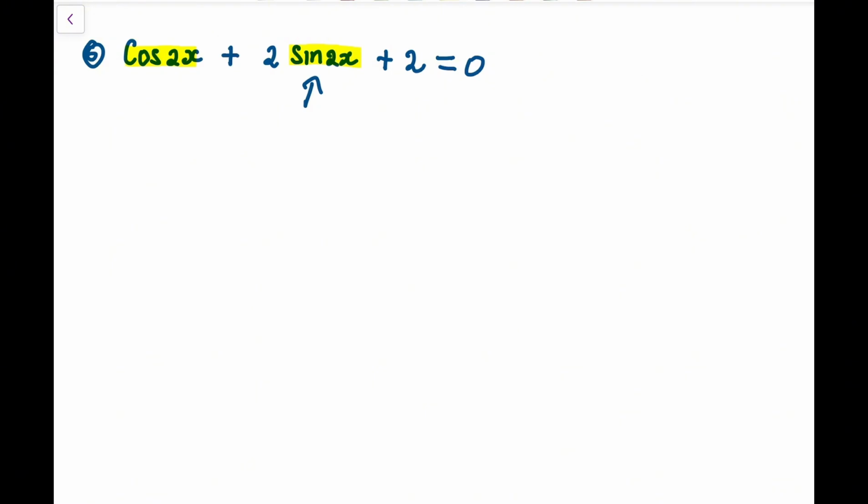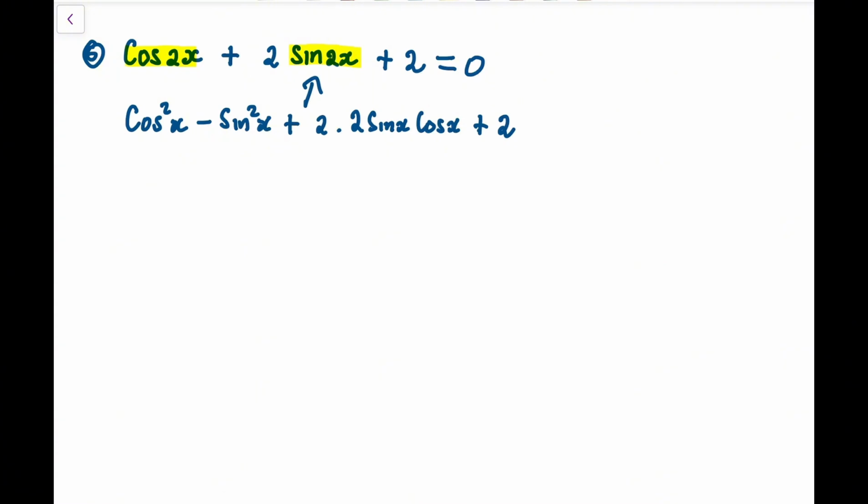So I will take cos squared x minus sine squared x plus, with sine 2x, I do not have many options. I only have one option, because it will be 2 sine x cos x, and then plus 2.